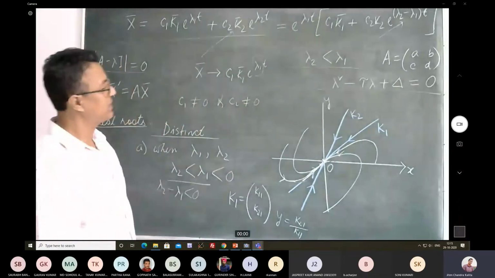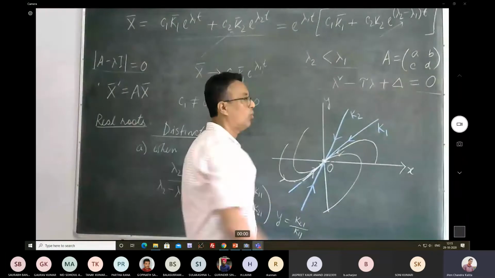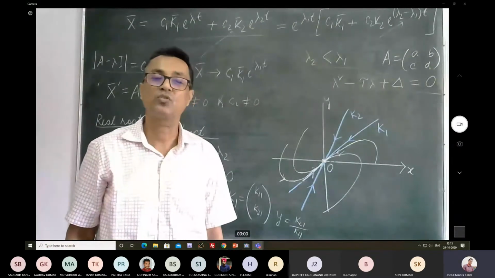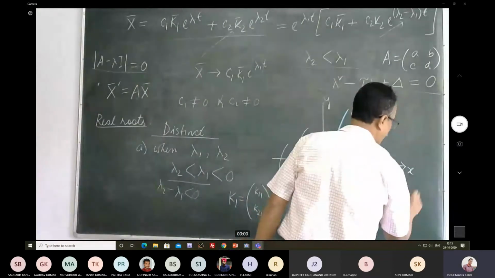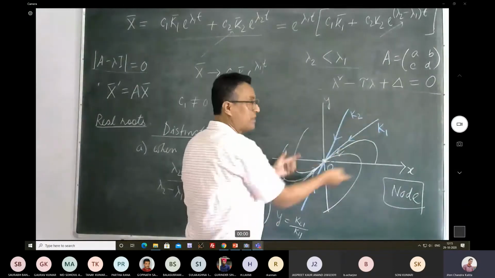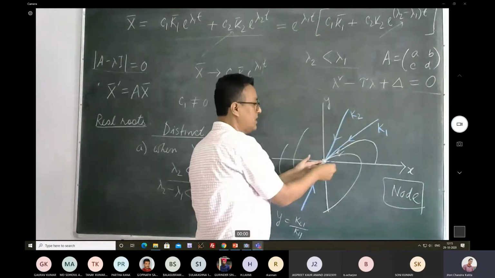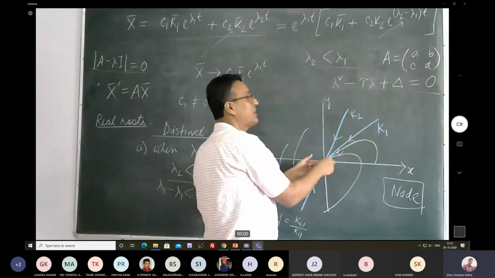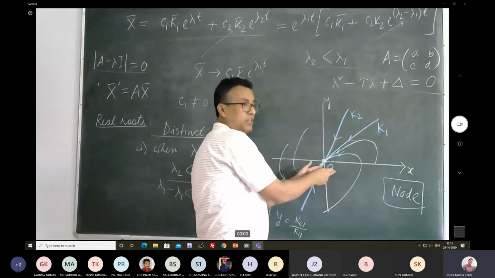So now can you tell me, the way I have drawn the figures, the origin will be what? That is going to be a node. Okay. So this type of trajectory, when they approach some critical point, this critical point is called a node. They can also run away from the critical point, right?